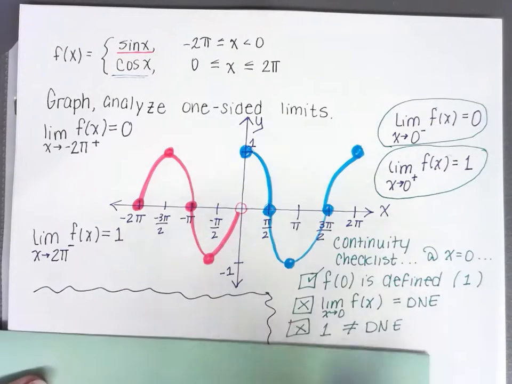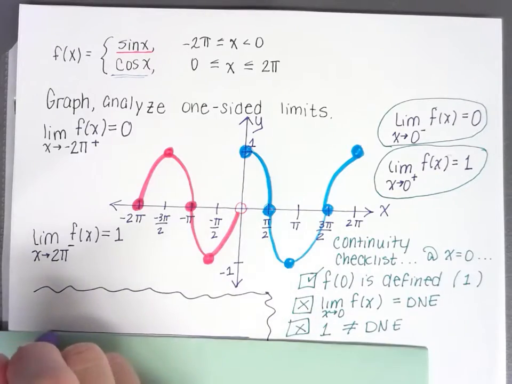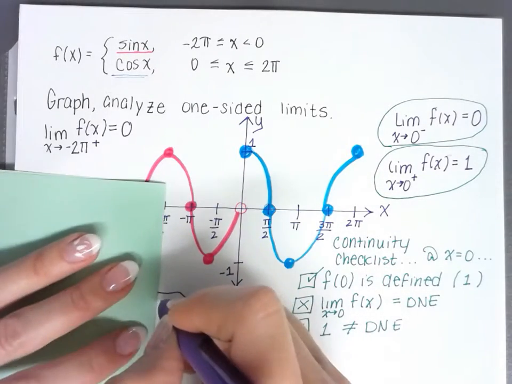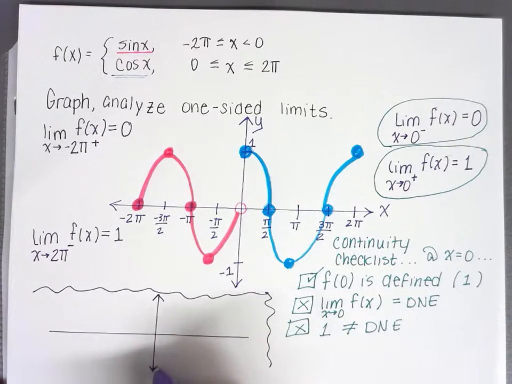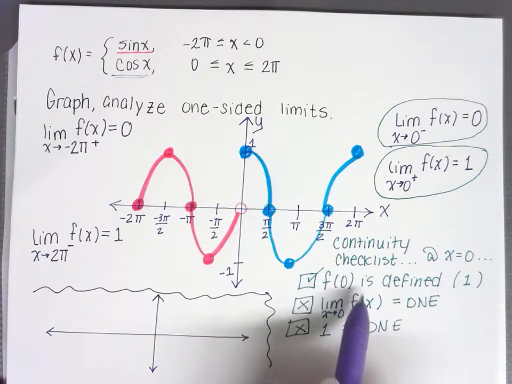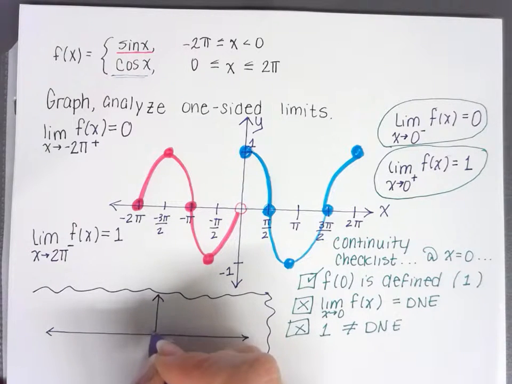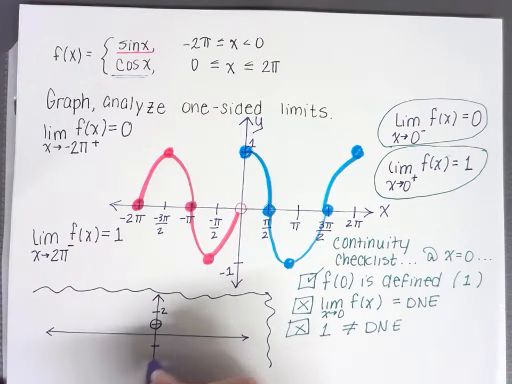So let's get a little bit started here. I'm just going to draw a mini little sketch down here. X-axis, Y-axis. Where do you want me to plot the hole for right now? Just make up a location for me. Over 1. Well, if I'm trying to do it at 0. So 0, 1 right there, okay? That's 2, negative 1, negative 2. So there's 0, 1. I drew a hole.